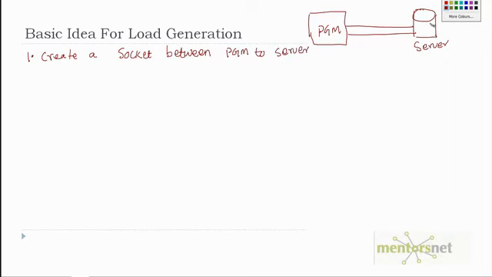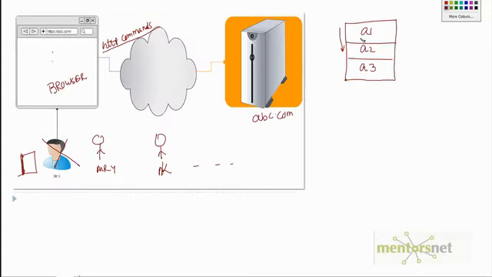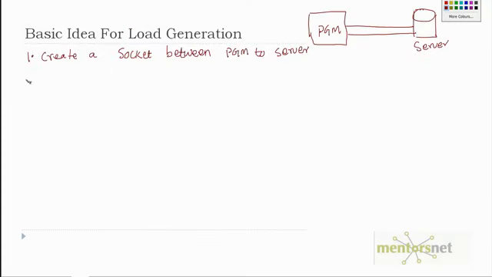Once this socket is created, let's read from the activity list which activity needs to be done. The second step would be to read what action needs to be performed from the activity list.